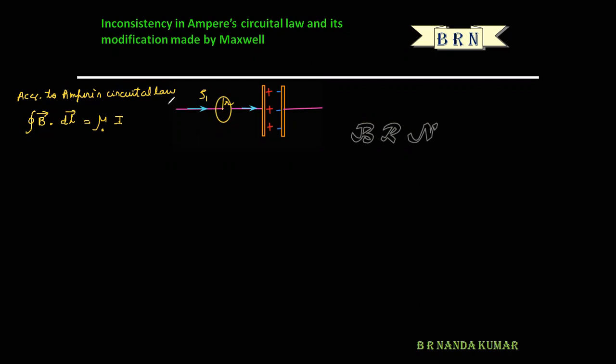According to Ampere's circuital law, the line integral of magnetic field around any closed circuit is equal to mu naught times the net current passing through the closed circuit.